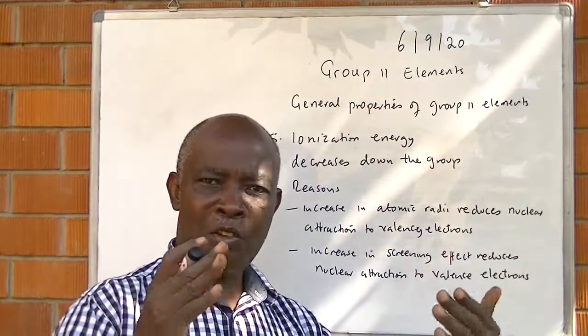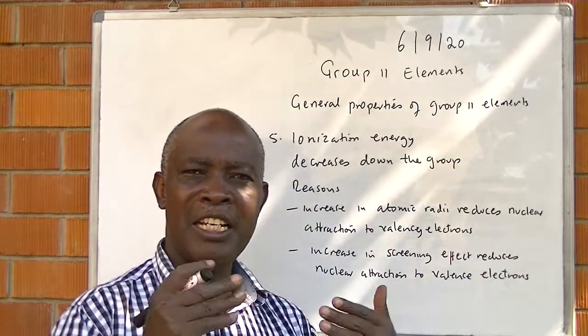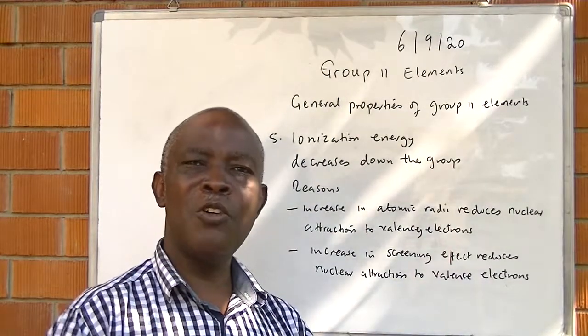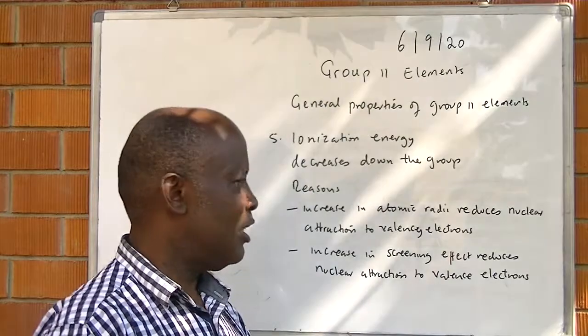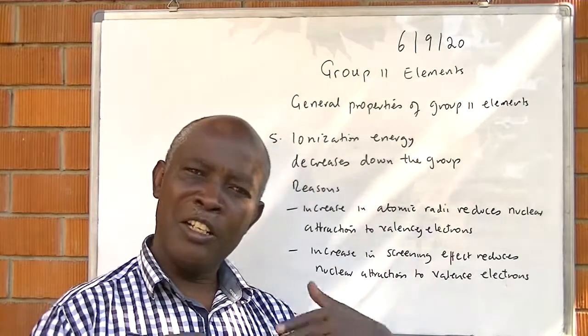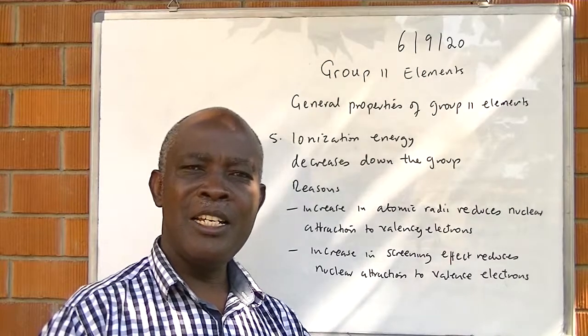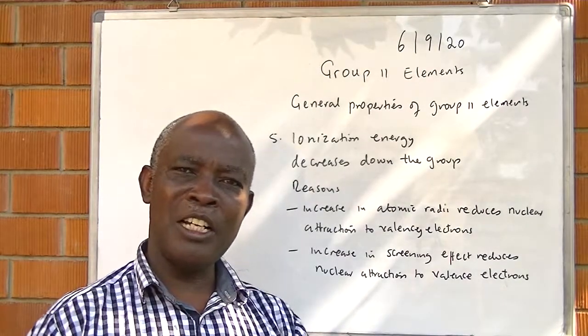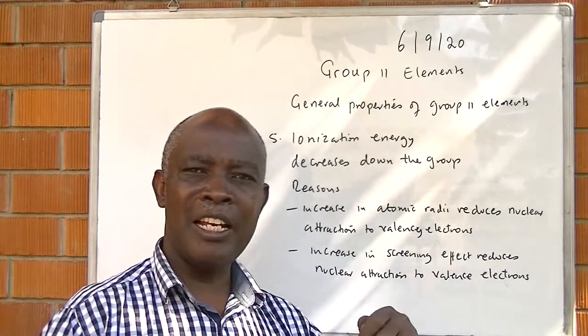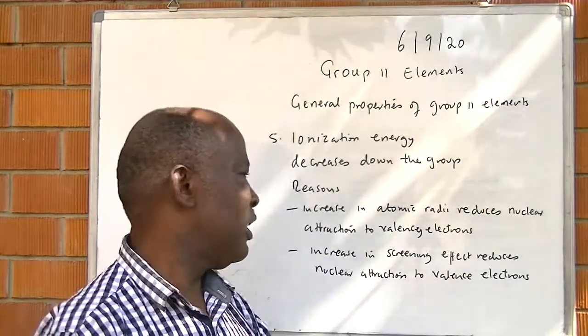When the nuclear attraction to the valence electron reduces, the energy to remove an electron also reduces. When the nuclear attraction to the valence electron increases, it means that electrons are strongly attracted to the nucleus. Then the energy required to remove an electron would increase.